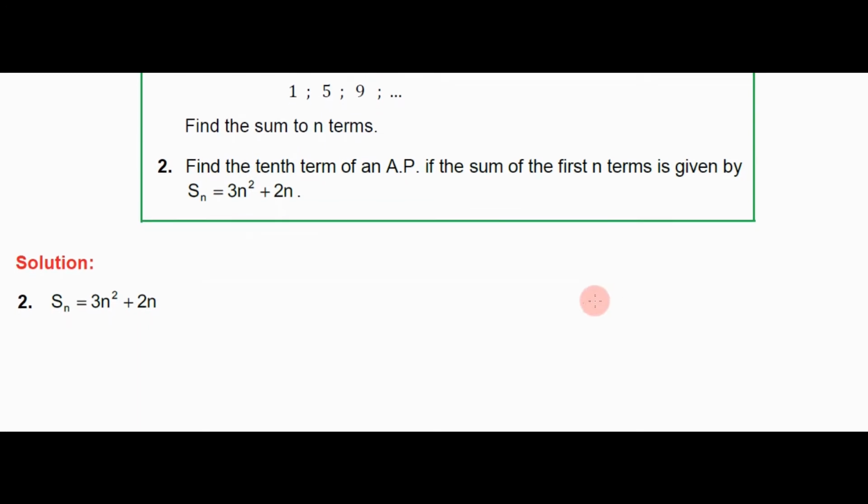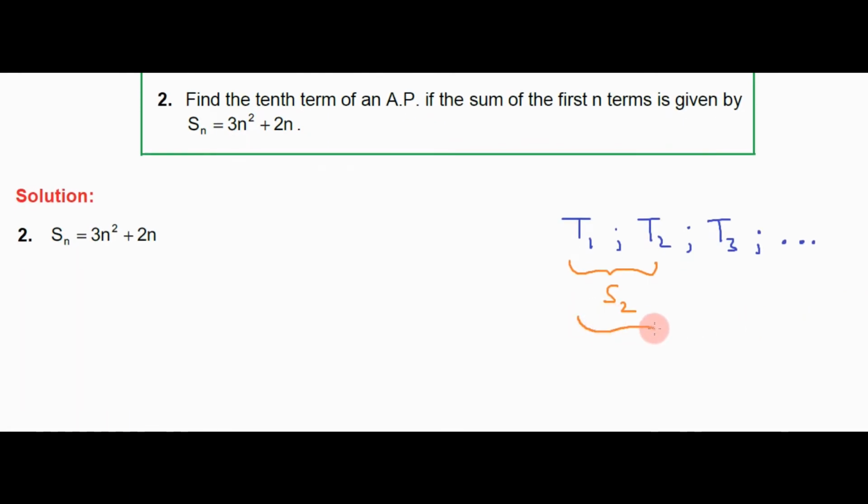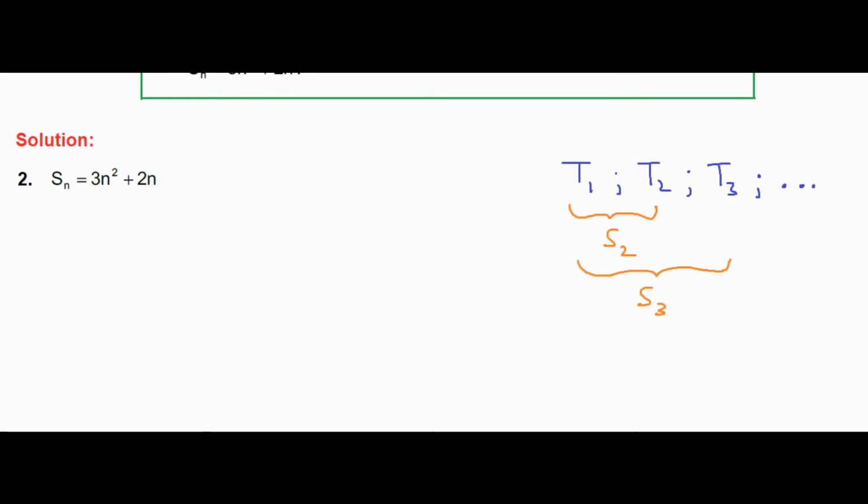So let's consider the arithmetic sequence, T1, T2, T3, and so forth. So we have the sum of the first two terms, which we write as S sub 2, and this is T1 plus T2. Then we also have the sum of the first three terms, which we can call S sub 3, which is T1 plus T2 plus T3, etc. Now, let's say we want the first term, T1.